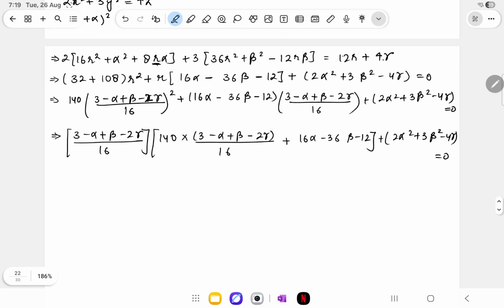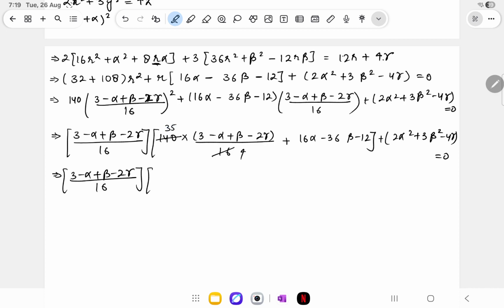So if I simplify it, I'll get (3 minus alpha plus beta minus 2 gamma) divided by 16, and from here I'll get 4, 35.